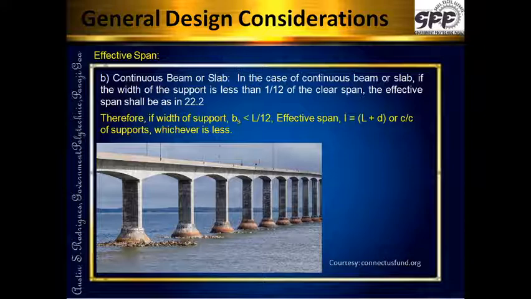That means if the support width is less than 1/12 of the clear span, then the effective span shall be the same as the simply supported beam. How it is calculated for the simply supported beam, exactly the same way it will be calculated over here if the support width is less than 1/12 of the clear span.